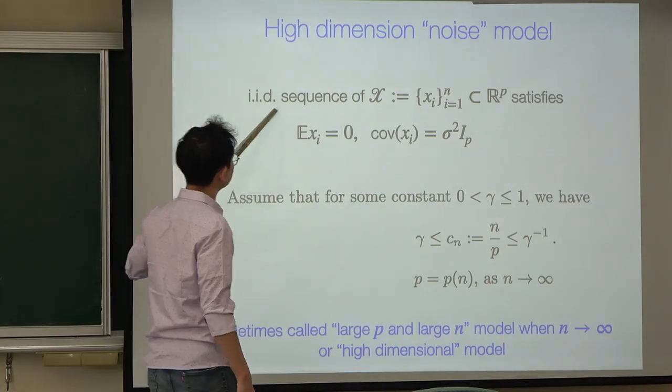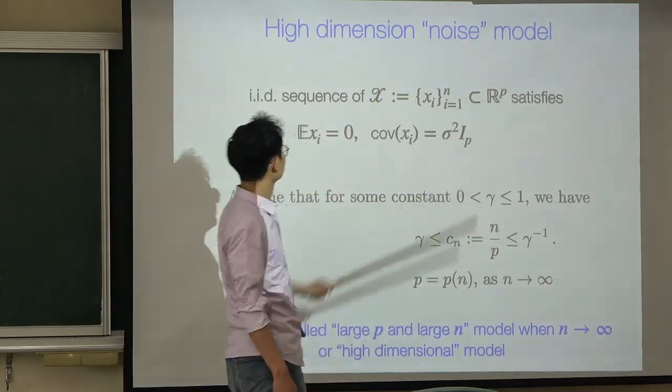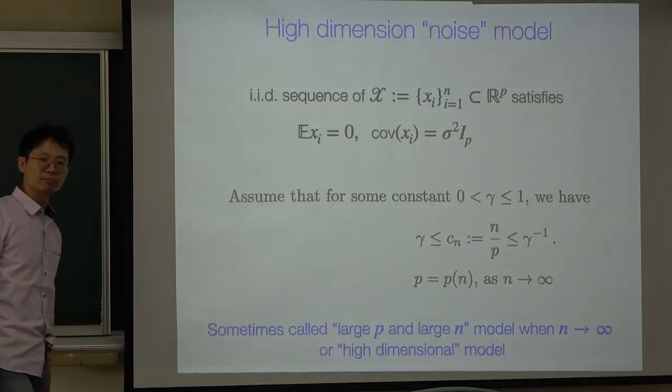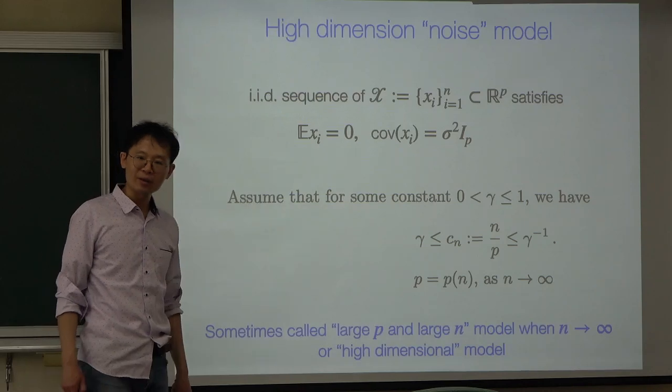Suppose we have an IID sequence Xi in R^p. Mean is 0, covariance is sigma squared. Easy. Okay, but now we put one assumption.